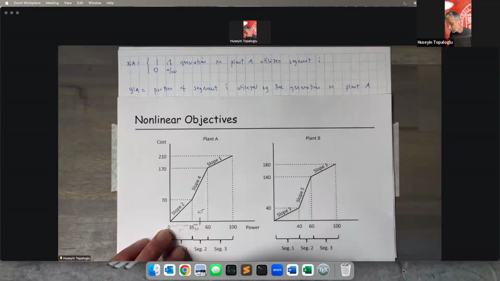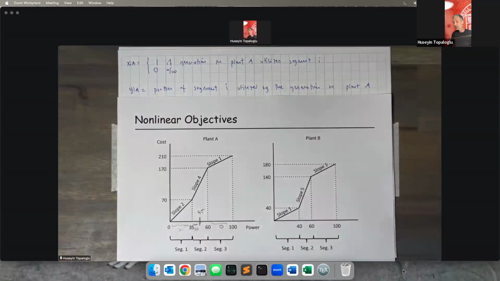In segment 2, we're utilizing 10 units. In segment 3, we're utilizing 0 units. Those are the interpretations of the y_ia decision variables.